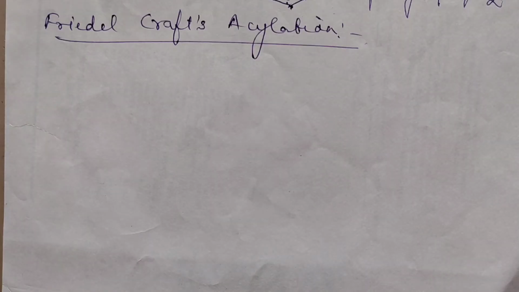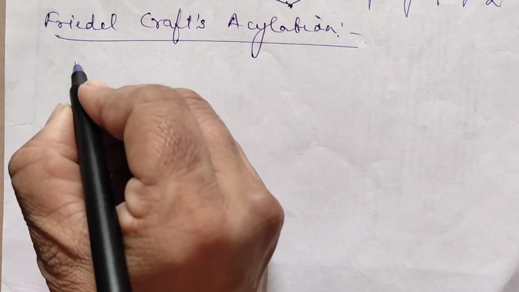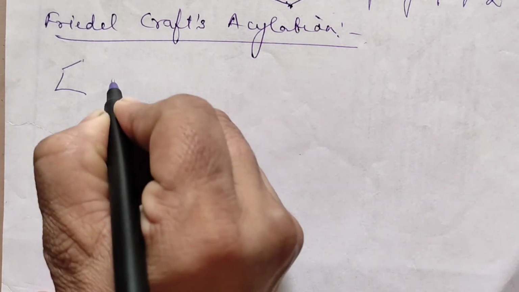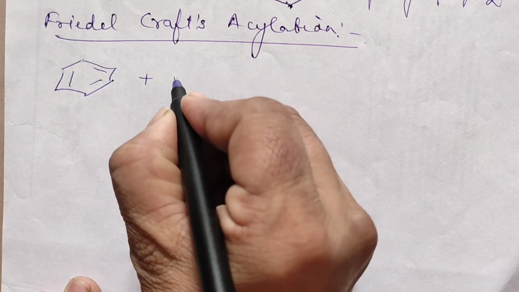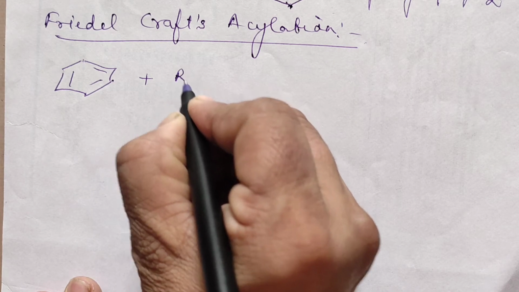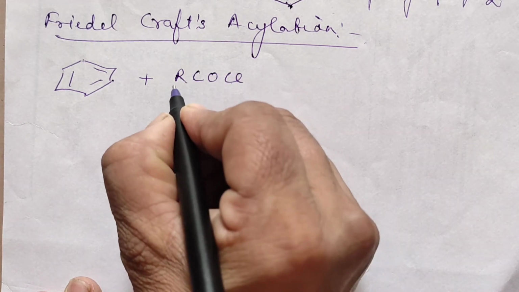The second method which we are discussing is Friedel-Crafts acylation. Friedel-Crafts is done for benzene. So you will take benzene and this is to be treated with either alkyl or aryl acyl halide, meaning an alkyl group or aryl group.